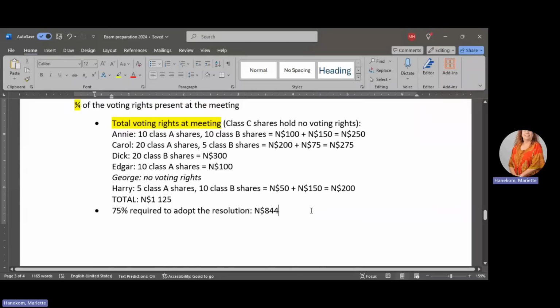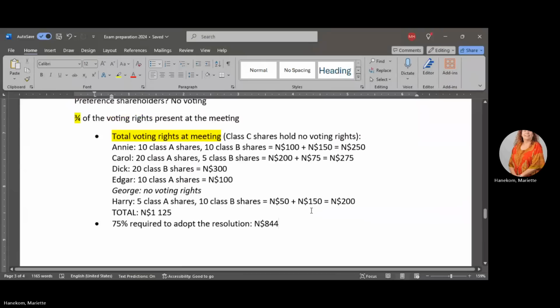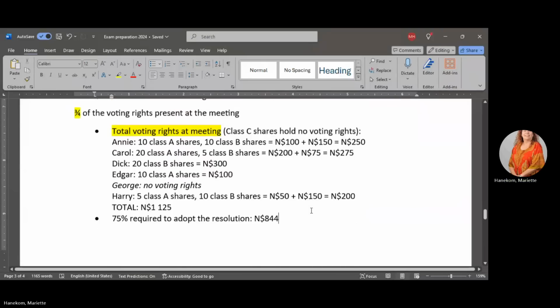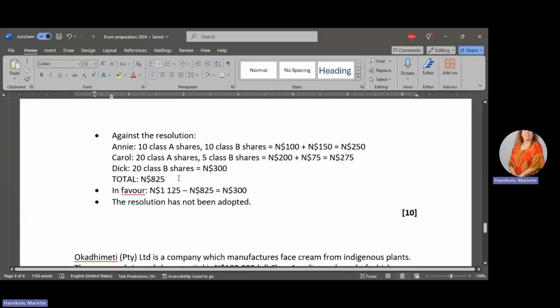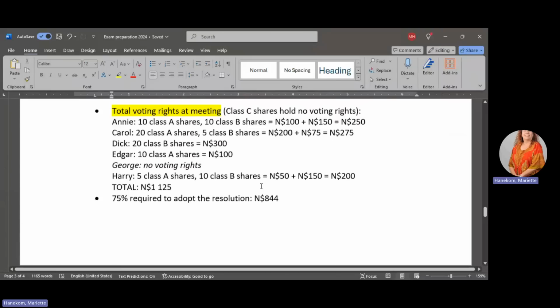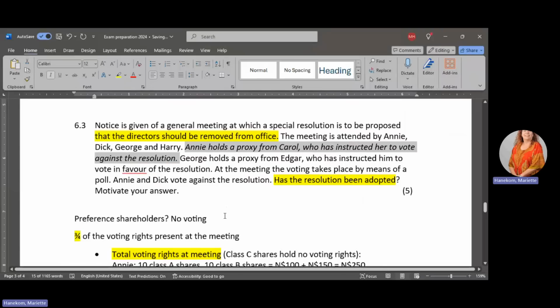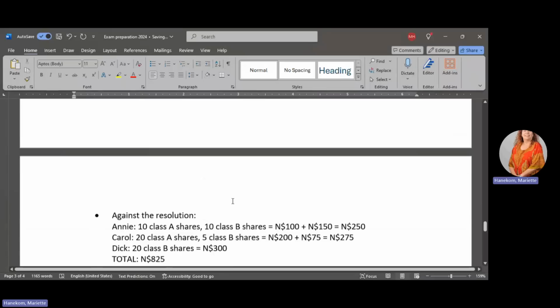Now, then you have to calculate how many people voted in favor. In the case study, I've told you who voted against. What is the total value of their voting rights? Remember your proxy. Annie holds a proxy from Carol, who has instructed her to vote against the resolution.